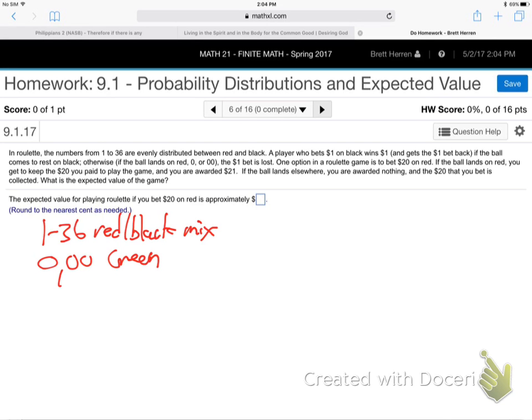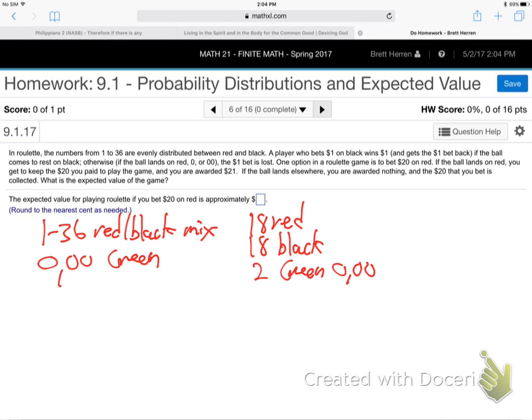So that means really there's 18 red, 18 black. That's half of 36. 18, 18, and 2 green. The 0 and the double 0. So there's 18 red numbers, 18 black numbers, and 2 green spots on the roulette wheel.